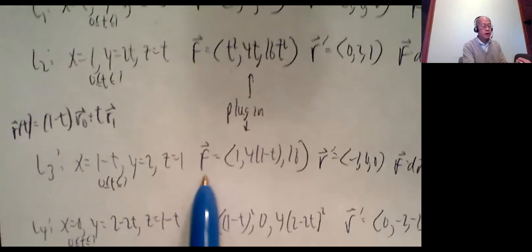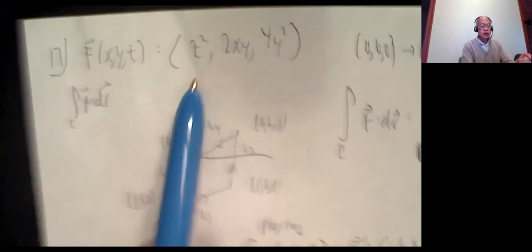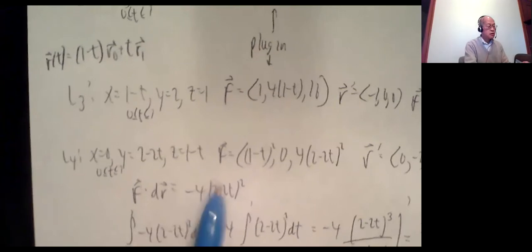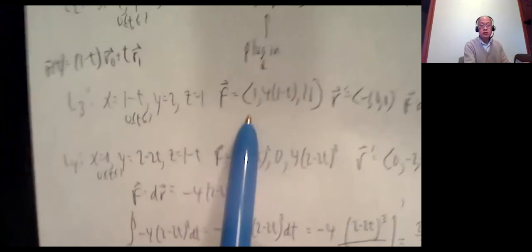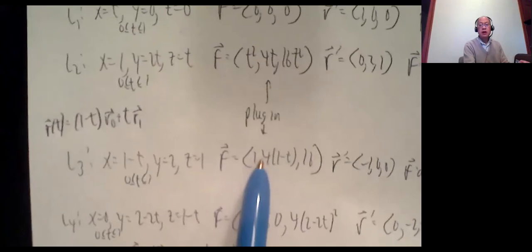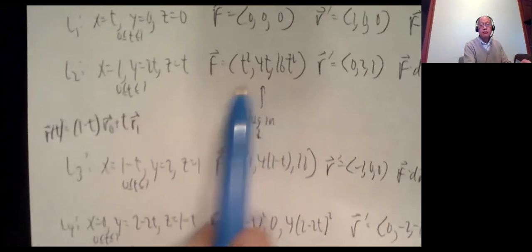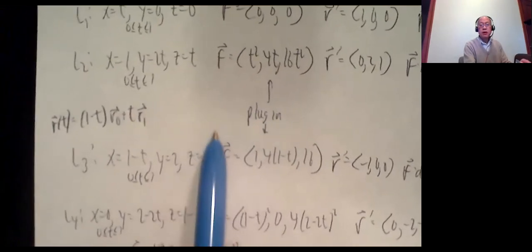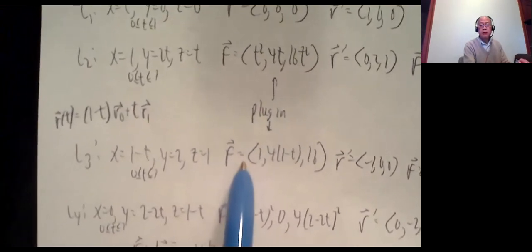Okay, so F is z squared. Z is 1, so I have 1. I'm plugging in. Let's see, where am I?